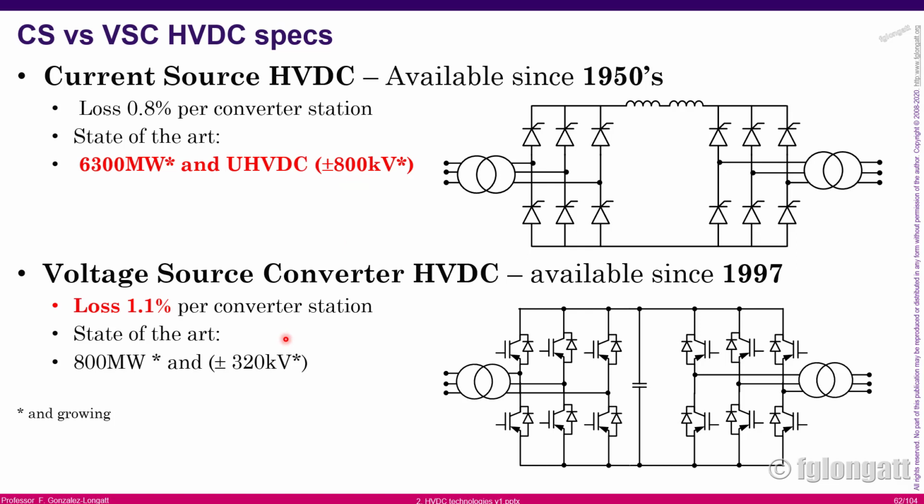As you can see below, the voltage source converter is relatively new, 1997. The losses are 1.1%, a bit higher compared with the line commutated converter. And we have installations of 800 megawatts, and right now we have 500 kV, okay?